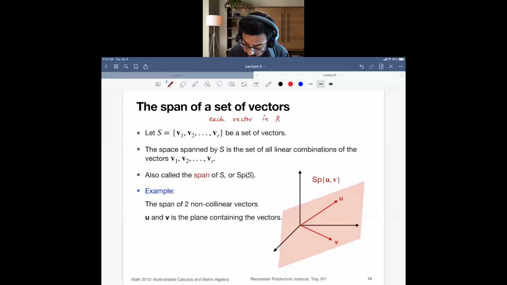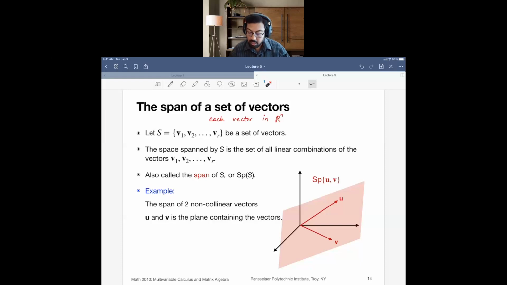So you have R of them, and this is the particular set of vectors that we are considering. The space that is spanned by this set S of vectors is all the linear combinations of these vectors. All of it.